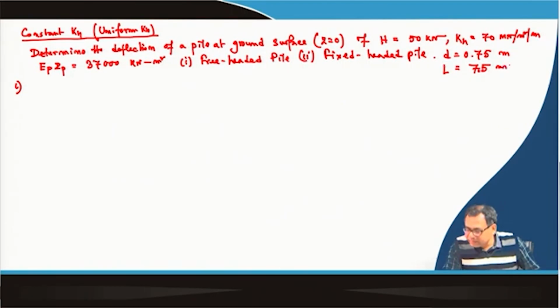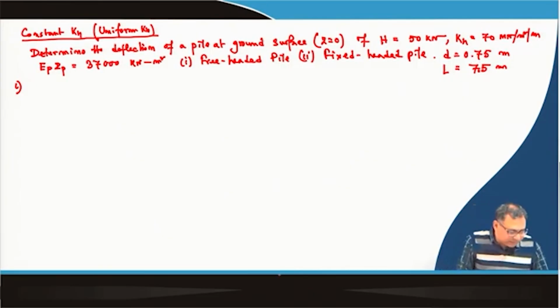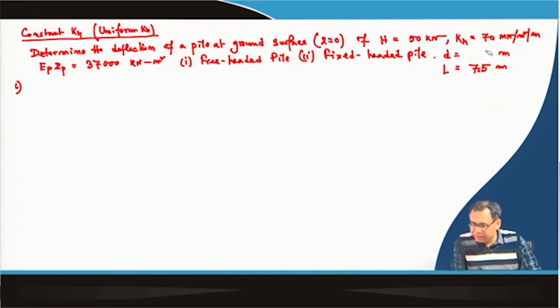So, L is given 7.5 meter and your D is 0.75 meter. Here it is given 0.4 meter, you should say. Okay. So, because this is the actual dimension, D is 0.4 meter and L is 7.5 meter.